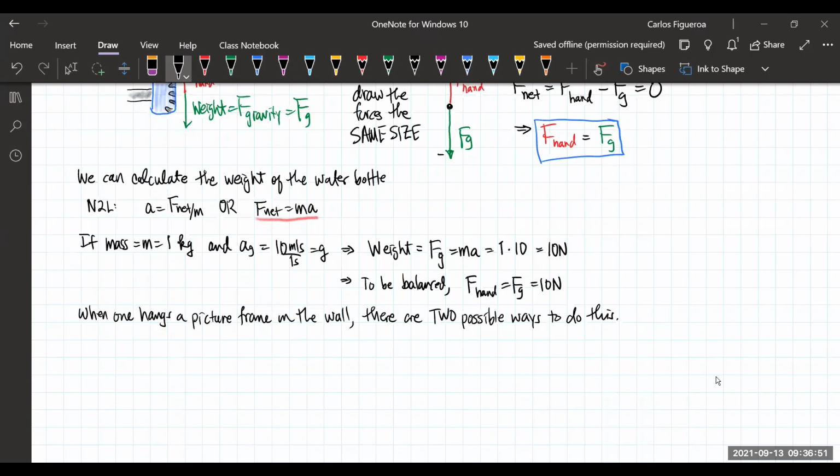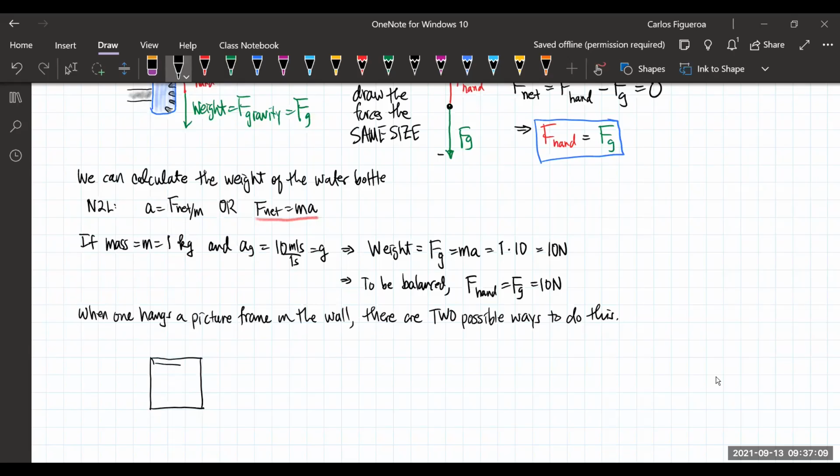So let's imagine that we have something like this here. Let's draw a picture frame.